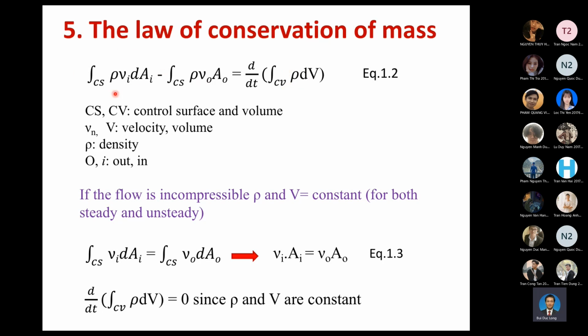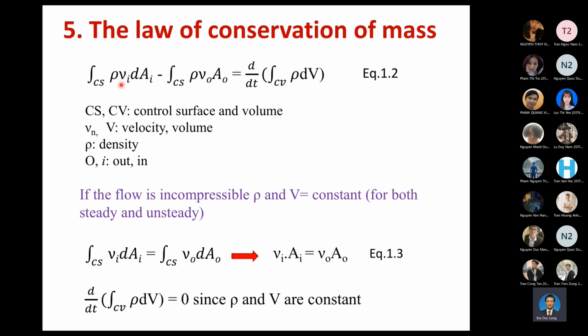So the first term here is the mass flow in, minus this one, the mass flow out, equal to the rate of change of mass in the system.